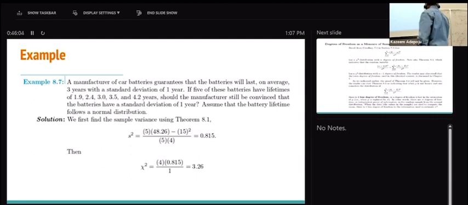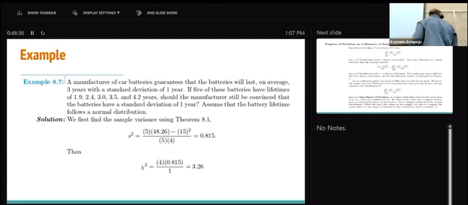We're finding the sample variance. If you don't want to go by that, that's no problem. How do you get a sample variance when you have those numbers? You find the mean. The mean is 3, right? Then if you work the sample variance out, that's what you're going to have. Then you can now find the chi-square.